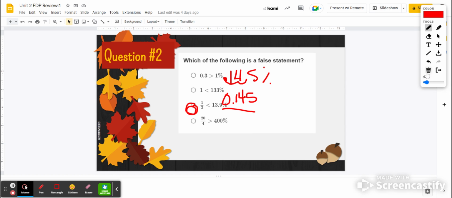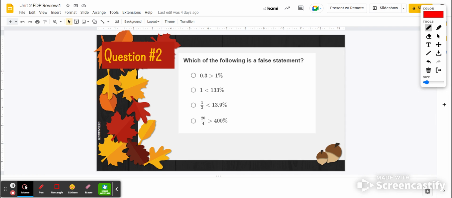All right, looking at question number 2, which of the following is a false statement? Well, we technically have to go until we can figure out which one's the false one. So if we look at 3/10 and 1%, we can do decimal to percent or percent to decimal. In this case, we'll just do decimal to percent.